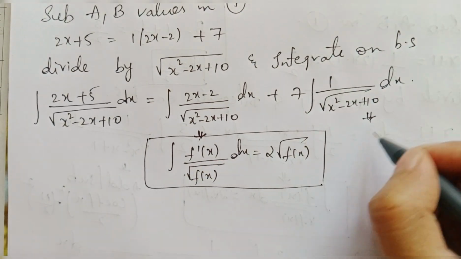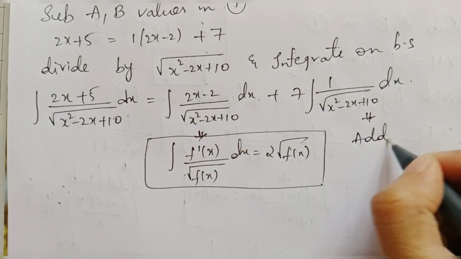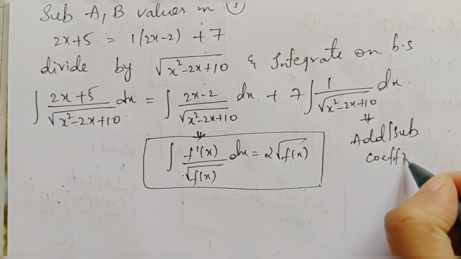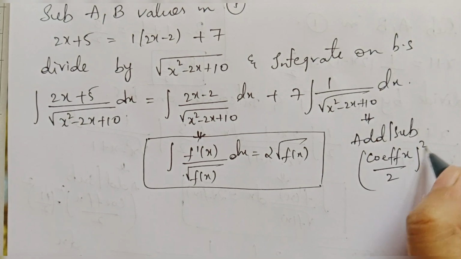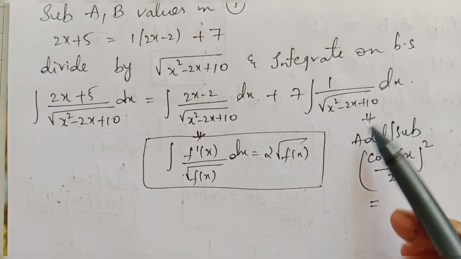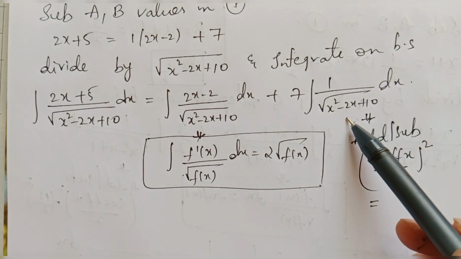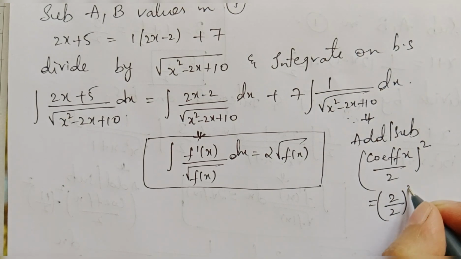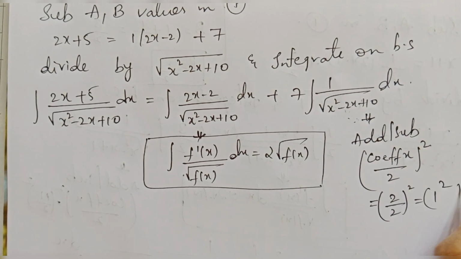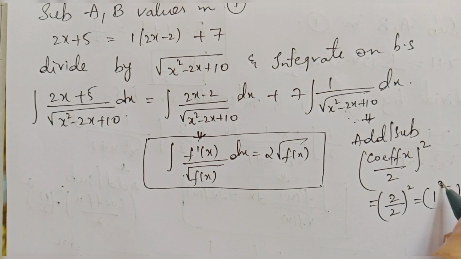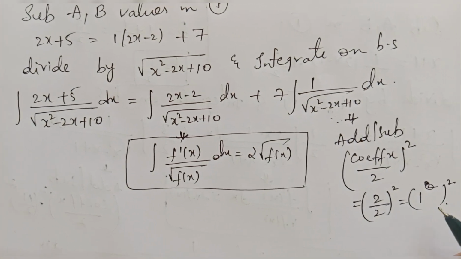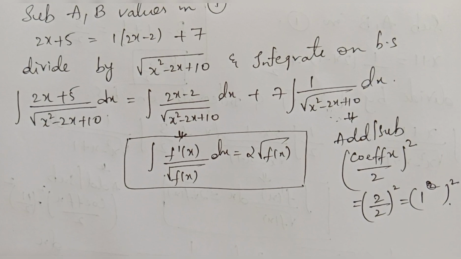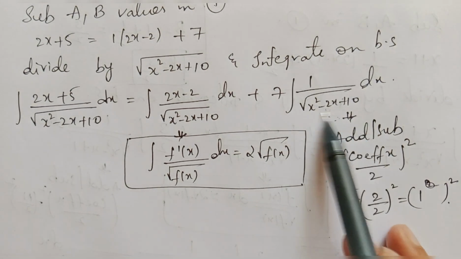And for this term we should add and subtract the coefficient of x by 2 whole square. So here the coefficient of x is 2, okay? So it is 2 by 2 whole square, which is equal to 1 square. So this term we should add and subtract, sorry, in the denominator, okay?